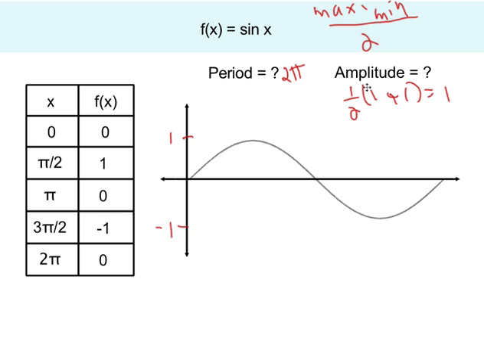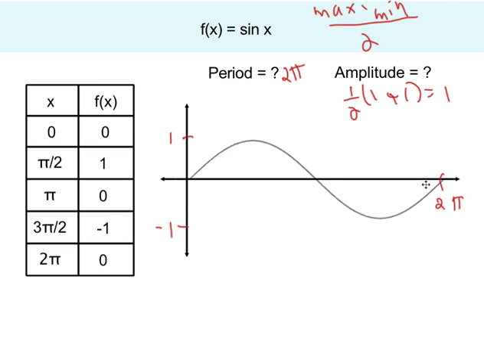Another way to think about the amplitude is the distance between the midline and the maximum value or the minimum value. So the distance between here and here is 1. That's the amplitude. Now, I graph sine between 0 and 2 pi. A nice way to find these values on the x-axis is to find where you're graphing between. We always graph one period.